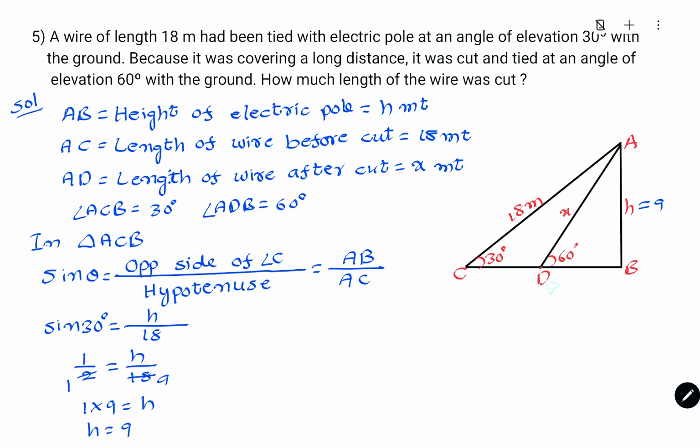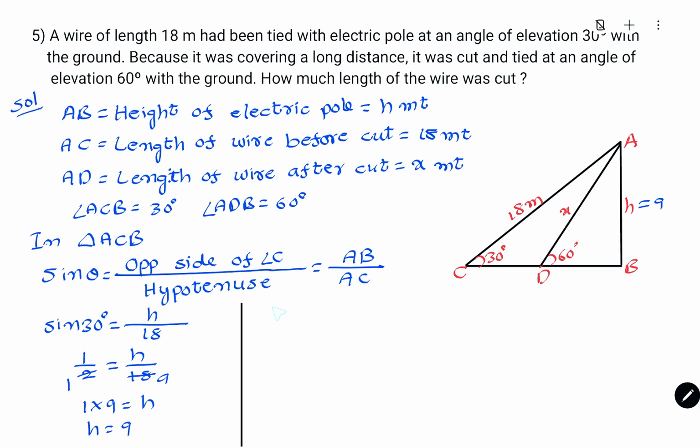Take triangle ADB. In triangle ADB, here also for 60 degrees the opposite side we have is 9 meters and we need to find the hypotenuse. We use the sine ratio. Sin theta is equal to opposite side of 60 degrees.